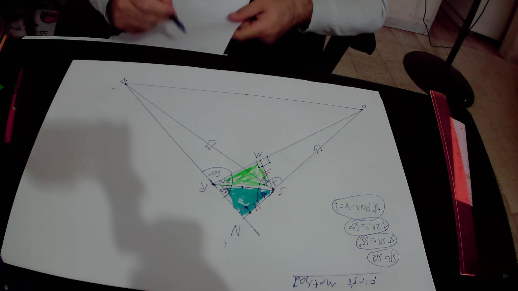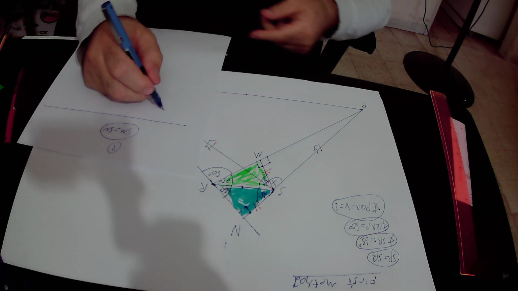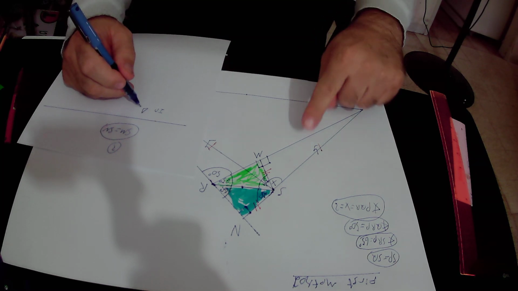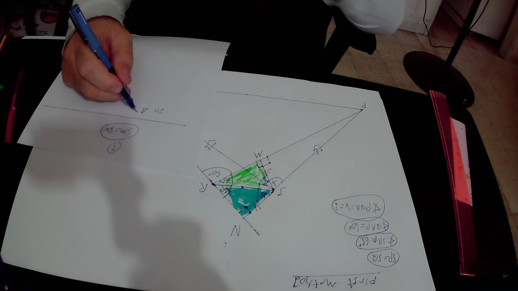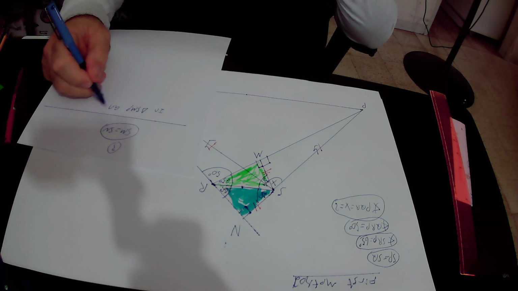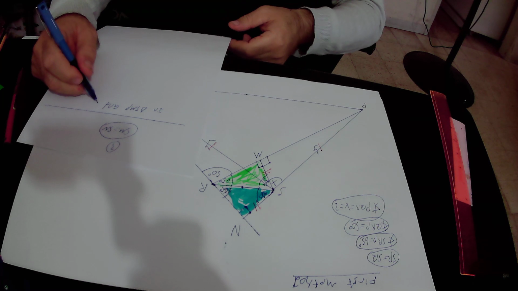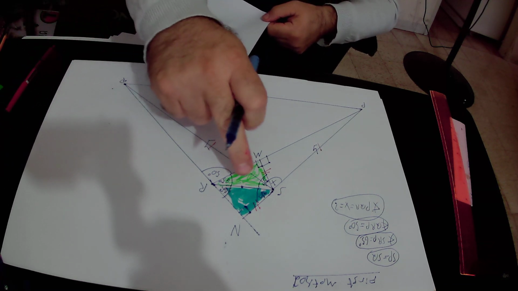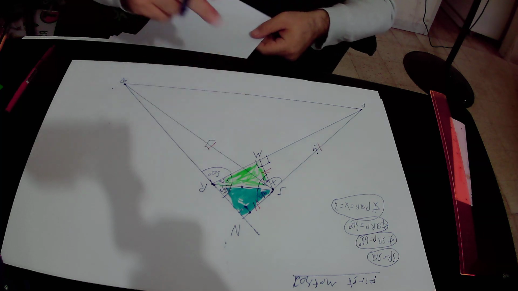Okay, so in the right triangle, triangle SMP, this right triangle, and the right triangle, triangle SNQ, this triangle.